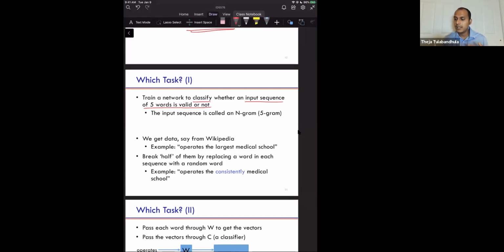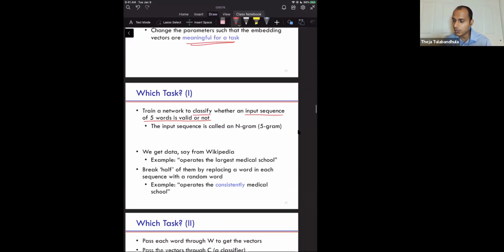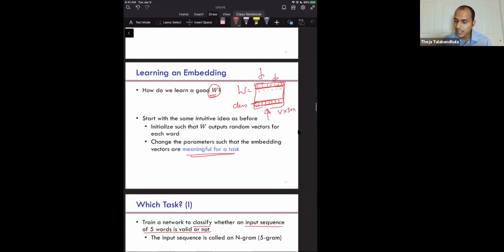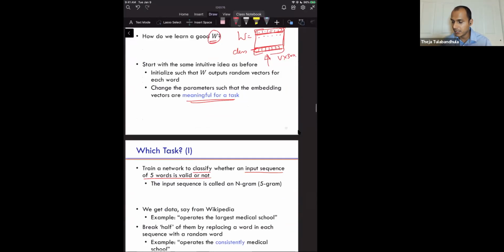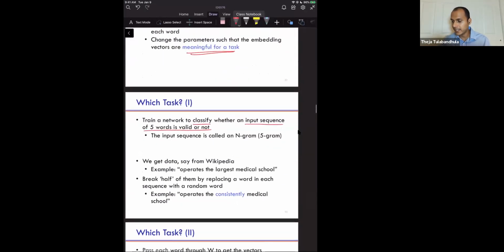So we can create these valid and invalid sequences of words, and then learn to classify them. I'm defining a classification task in particular so that I can get to a good W matrix essentially. And I'm going to tell you how the matrix is related to the classification task and how it gets updated pretty soon.